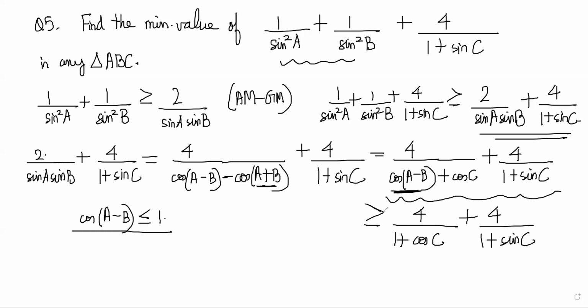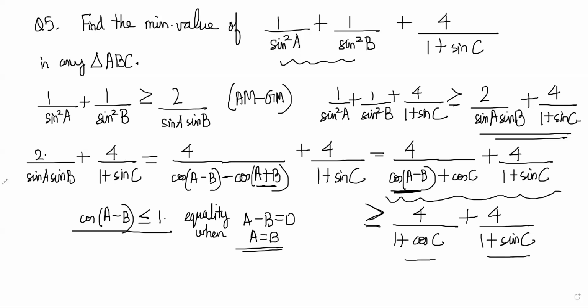So that's why we have written greater than or equal to this. And the equality happens when A minus B is 0 or A is equal to B. That is the time when we'll get an equality here, right? So we are getting 4 by 1 plus cos C plus 4 by 1 plus sine C is less than or equal to the target expression that we had, right?